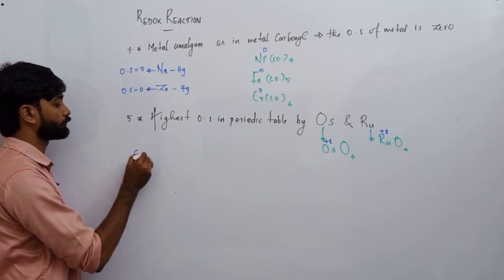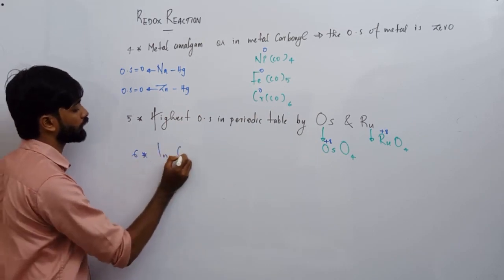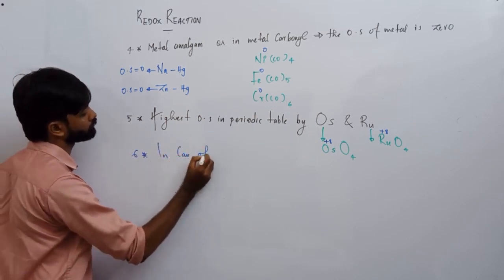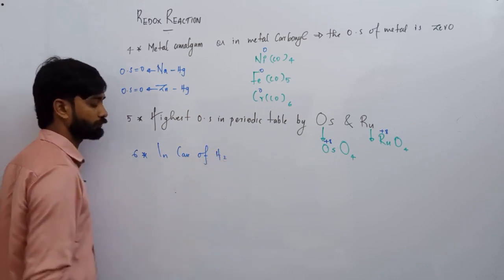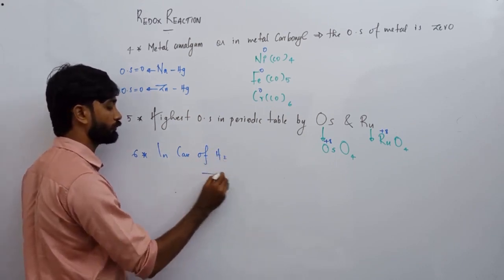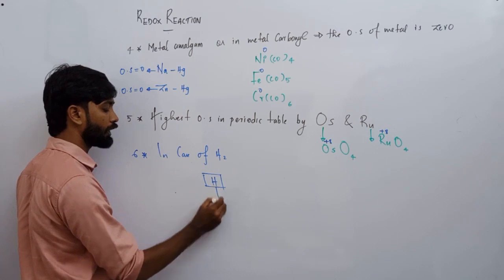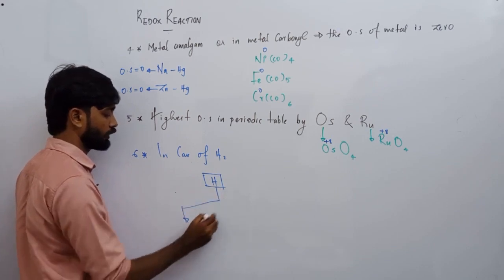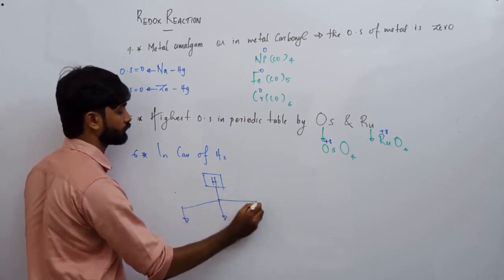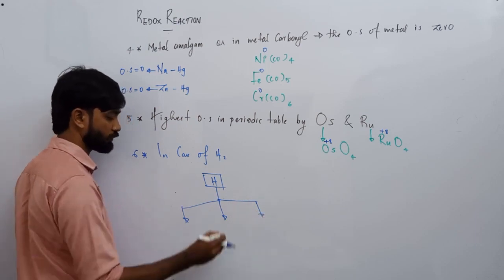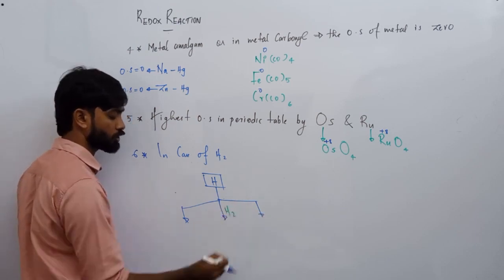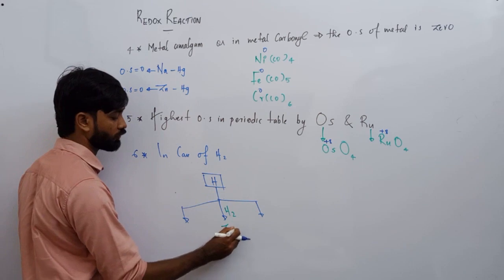Next point, in the case of hydrogen. The element hydrogen can show 3 different oxidation states. The one already discussed: in H2, the oxidation state of hydrogen is 0.